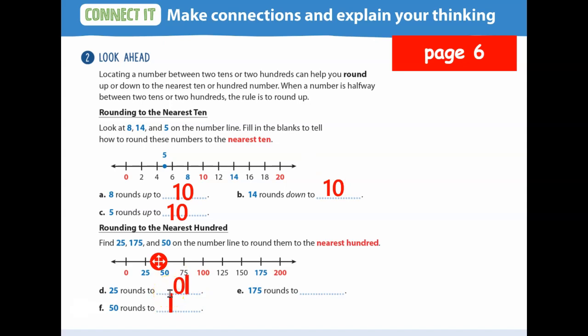Does it round up to 100 or round down to 0? 100, because it's right in the middle. And then 175 right here. Does it round down to 100 or does it round up to 200? Okay. It's easier when you have a number line.